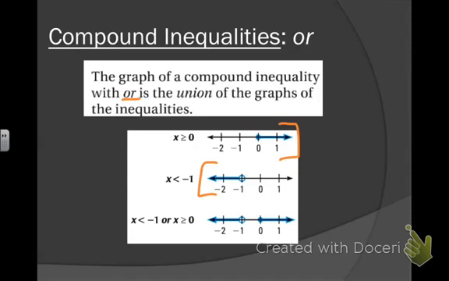So they're not coming together, they're literally just both on the graph. So x is less than -1, or x is greater than or equal to 0. X cannot be in between here.